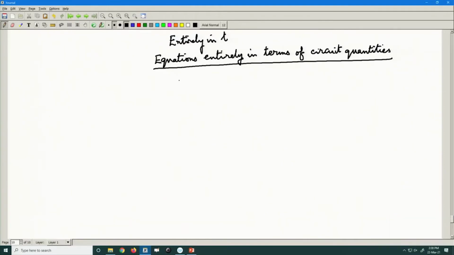So, in that sense we can write the equations as summation over V, or sigma V, where this summation denotes summation over a closed contour for a line integral quantity.